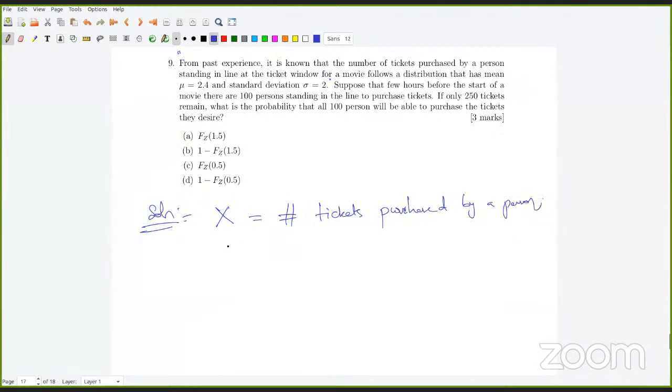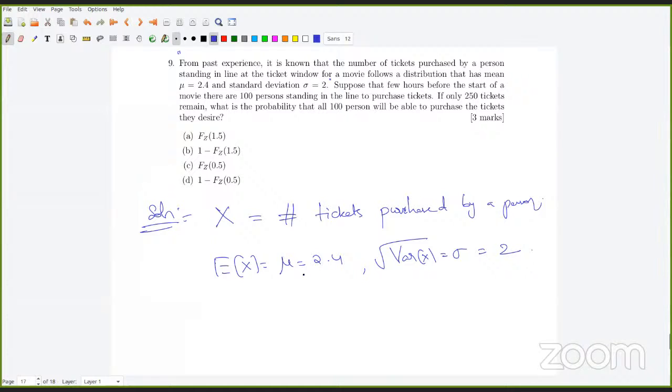For this x, it is given that the expectation of x, which is mu, is 2.4, and the standard deviation, which is the square root of variance, is sigma equals 2. That means the person standing in the line, on average, purchases 2.4 tickets.